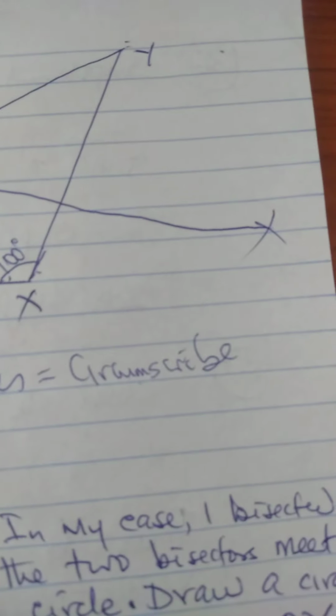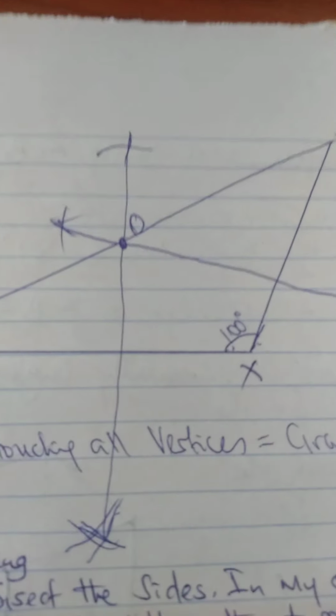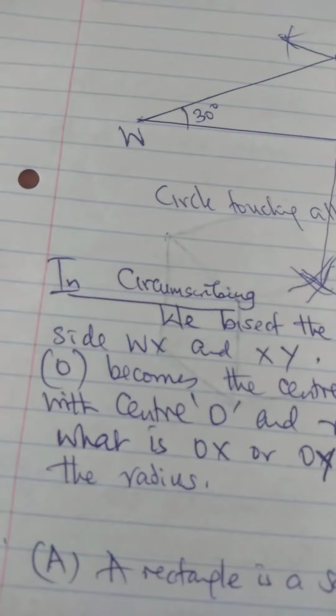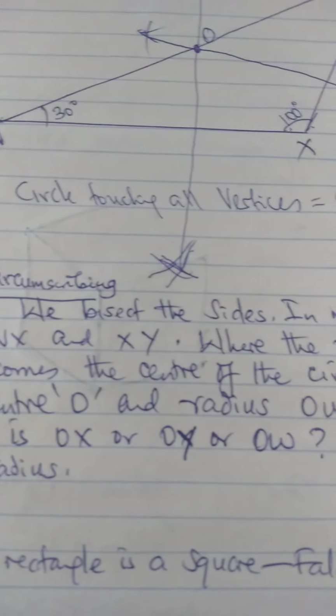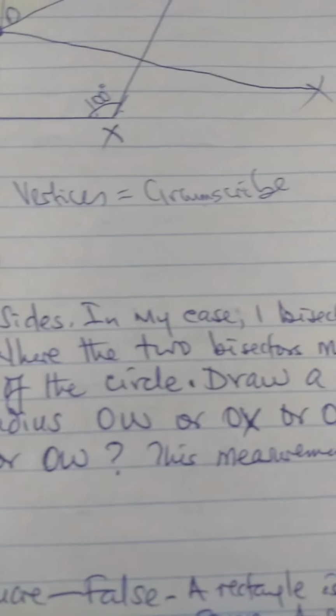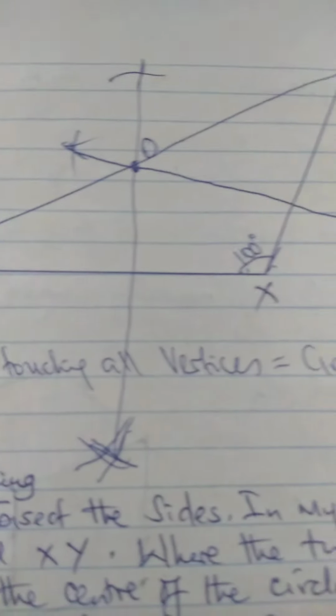So we're supposed to draw a circle that is touching all the vertices. Remember, a circle touching all the vertices, we circumscribe. And how do you do that? We bisect the sides. In my case, I have bisected side WX and side XY.